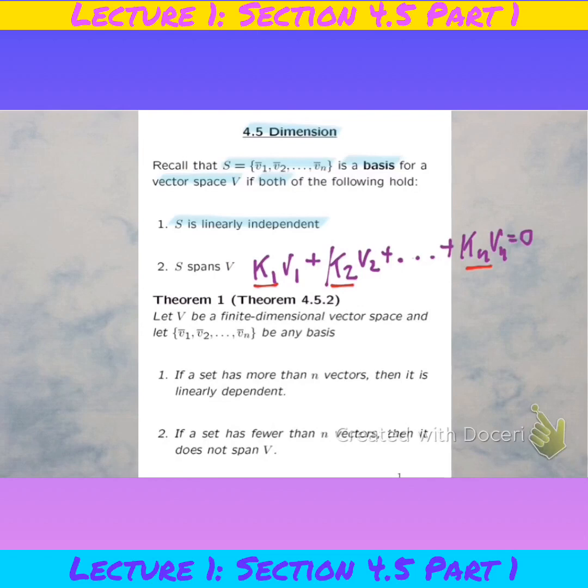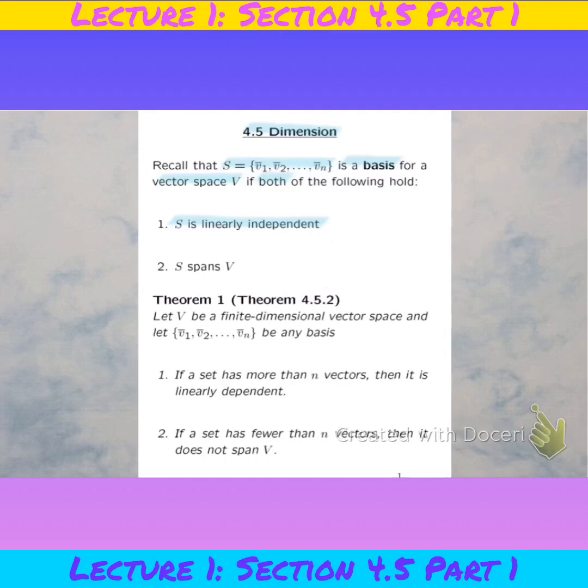And if it happens that the only solution to this equation is for each k to be 0, then we say the set is linearly independent. Okay, so basically each ki has to be 0 for all i between 1 and n. If that is the only solution, it is called the trivial solution. Then the set S is linearly independent.